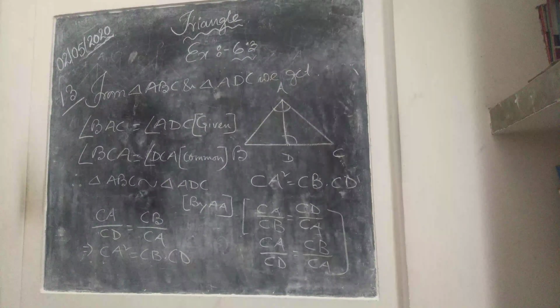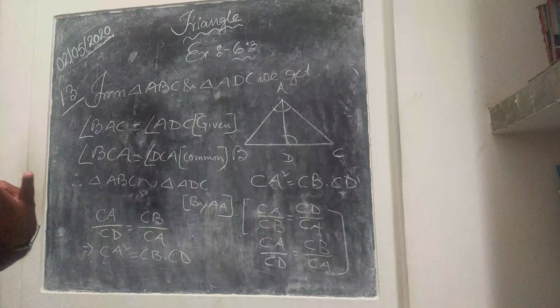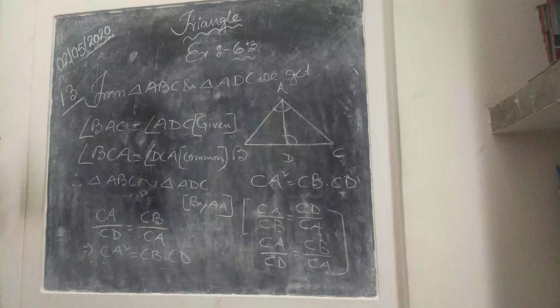At the same time a tower casts a shadow of 28 meter long. Find the height of the tower. That means there should be two separate triangles.